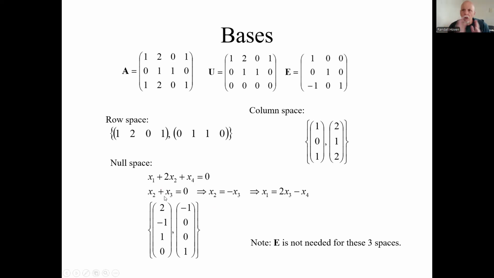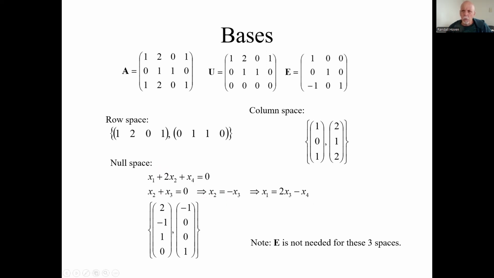We want all the pivot variables in terms of all the free variables. And this tells us x1 and x2 are the pivot variables, and then x3 and x4 are the free variables. So from the second equation, we get x2 equals minus x3. Then we can substitute that back here, and we have the pivot variables only in terms of the free variables.